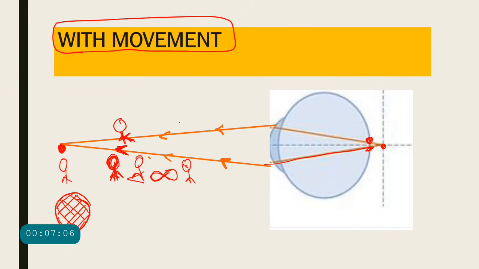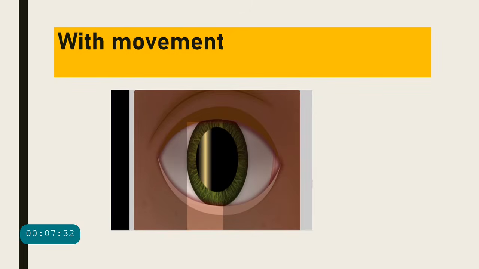That means if you move your retinoscope towards right, you are going to see the right part of the reflex. The reflex will also move towards right. If you move your retinoscope towards left, the reflex will also move towards left side. Since the reflex is moving along with your movement of the retinoscope, and this is happening because the rays have not yet met each other, they have not yet crossed each other, you are going to see a with movement.